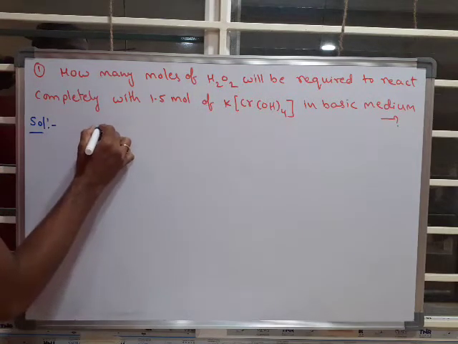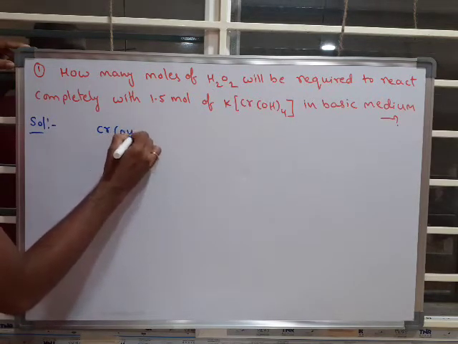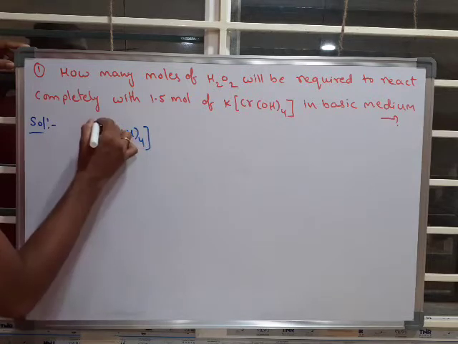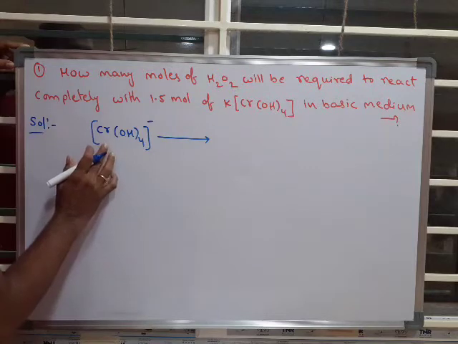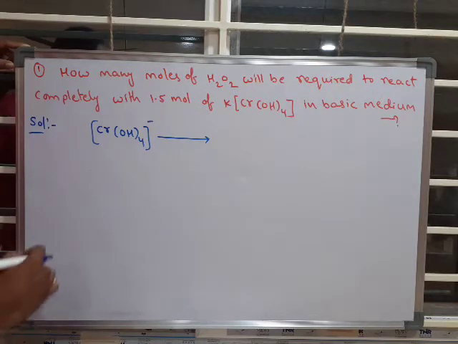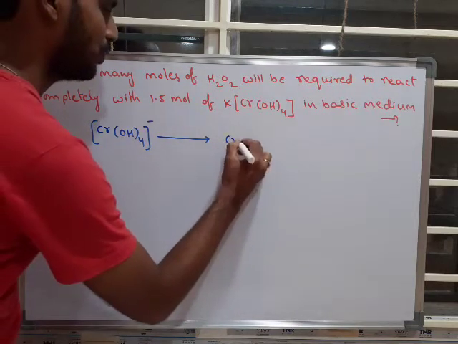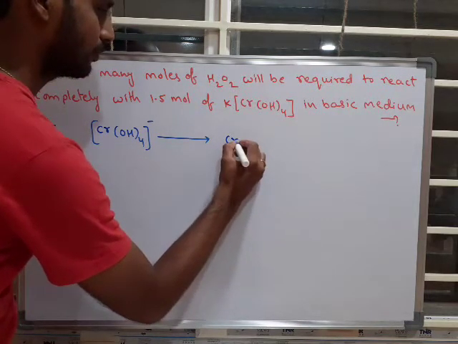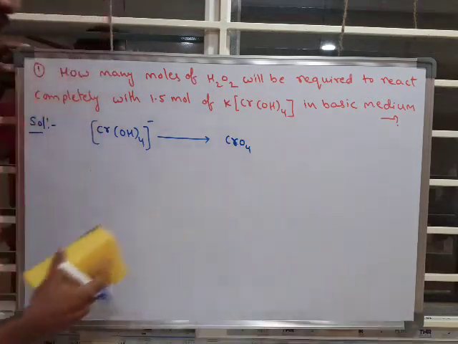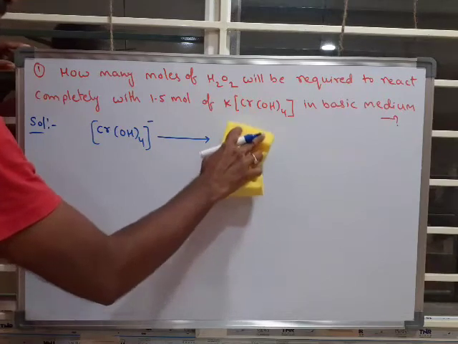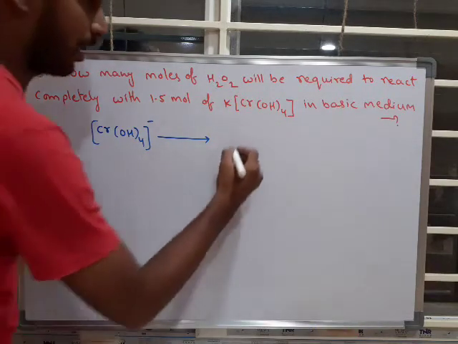So the change is in the complex ion, chromium tetrahydroxide ion, Cr(OH)4 minus. It changes to CrO4 minus 2, that is the chromate ion.